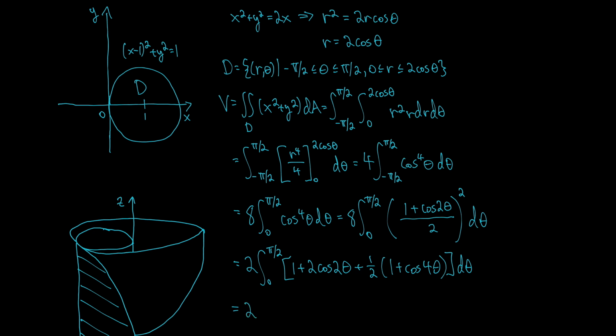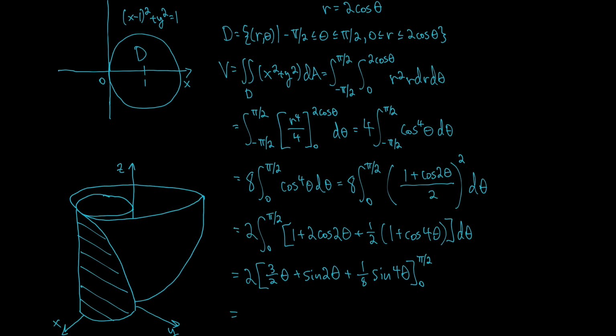We get 2 times 3 over 2 theta plus sine of 2 theta, quick mental substitution over here to get rid of the 2, and then 1/8 sine 4 theta. And we evaluate that from 0 to pi over 2.